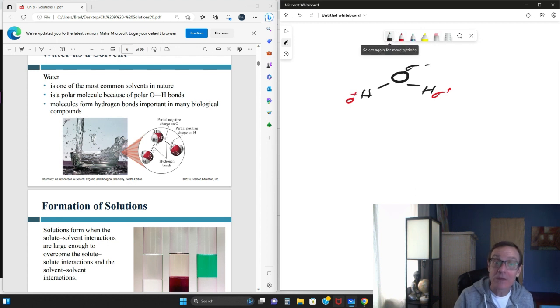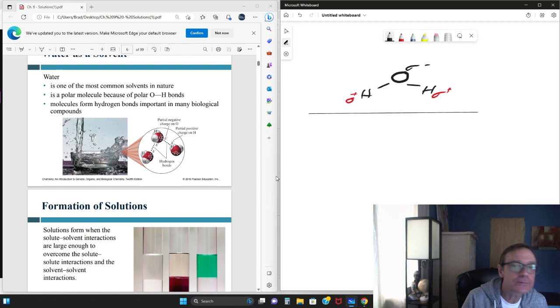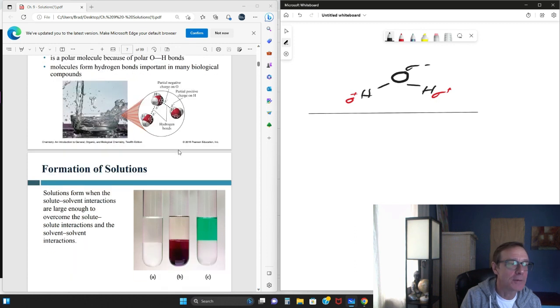Hopefully you remember that. Essentially, oxygen's pulling on the shared electrons more strongly than the hydrogens, giving a partial negative charge around the oxygen and a partial positive charge around the hydrogens in water.